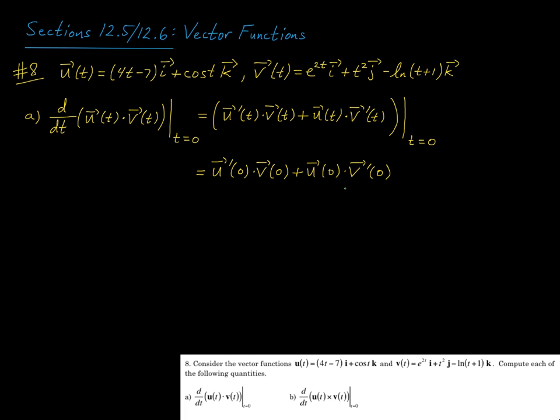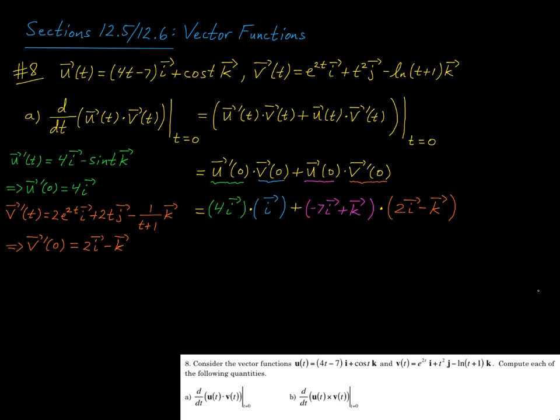Well, the nice thing here is that I can avoid a lot of algebraic simplification by just computing each one of these quantities on its own: u prime of 0, v of 0, u of 0, and v prime of 0. If I know those on their own, then just subbing them into this expression will just give me something numerical. I can avoid all that potentially messy algebraic simplification.